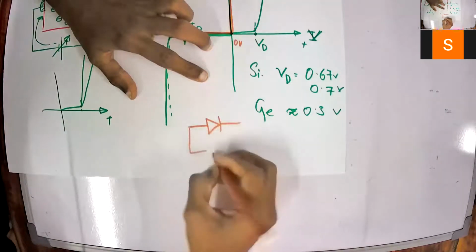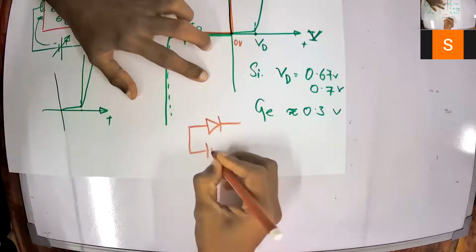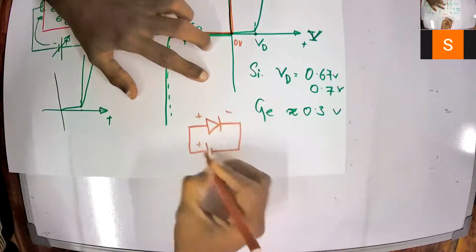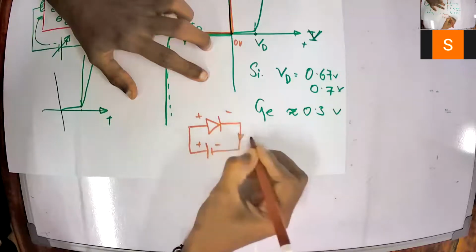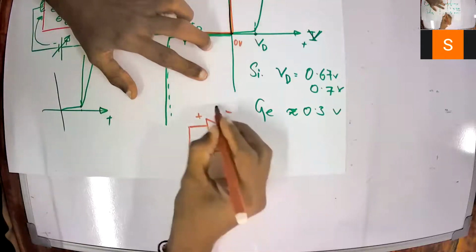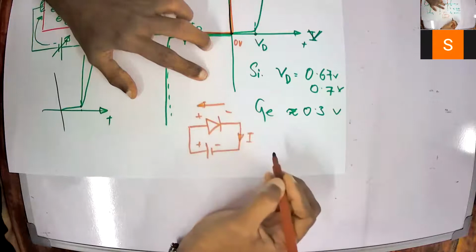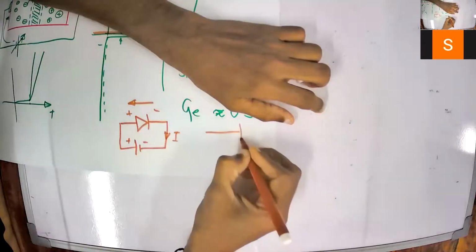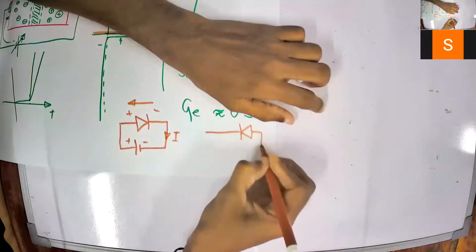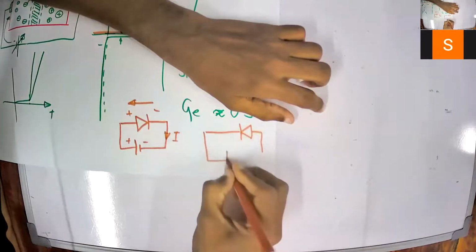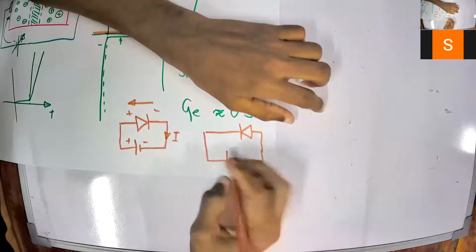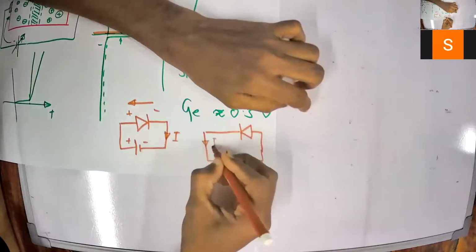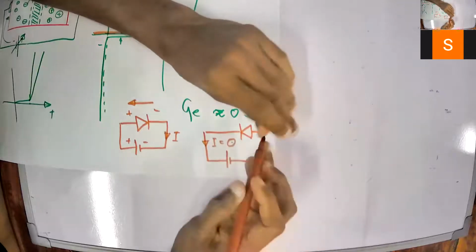With plus and minus, of course you will have a current through this one, and there will be a barrier potential loss. But if I interchange the diode, or interchange the battery, something like this, then there will not be any current through the circuit. I will be 0 effectively.